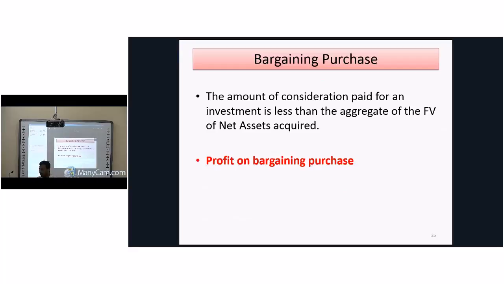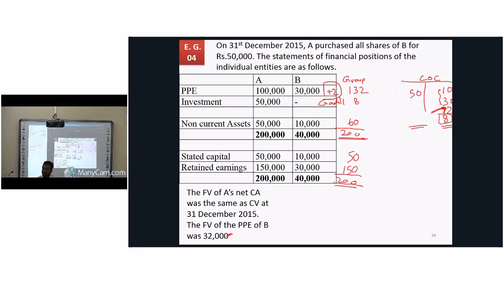Also remember, we have to charge depreciation. If there is any under-provision of depreciation on this fair value excess, it should be recognized as an expense for the year. Therefore, consolidated retained earnings debit and we credit property, plant and equipment account.